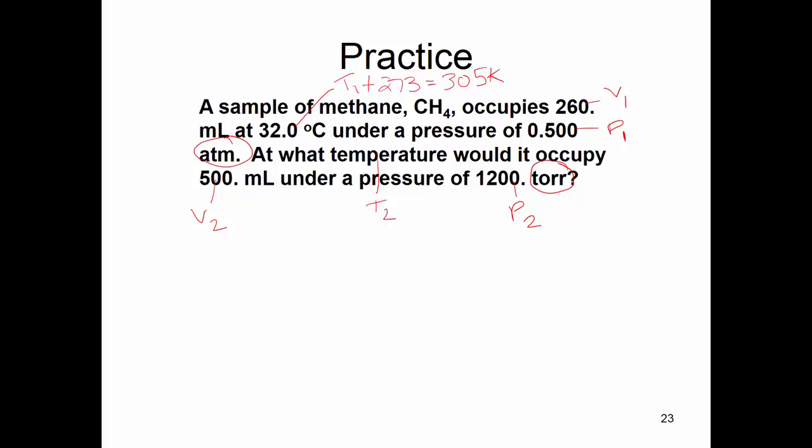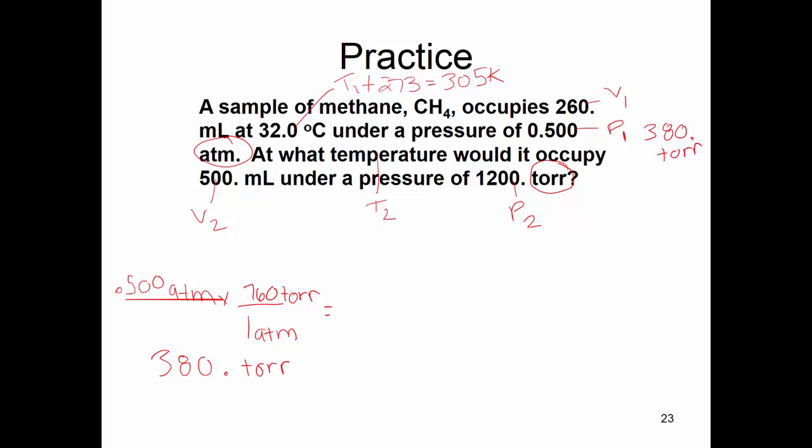So for this problem, I'm going to take atm and convert it to torr. 1 atm is 760 torr. So this gives me 380 torr.